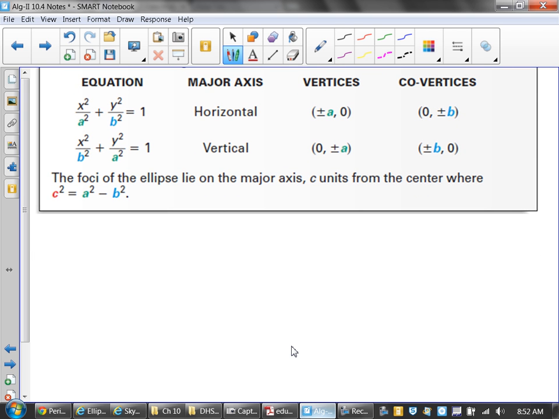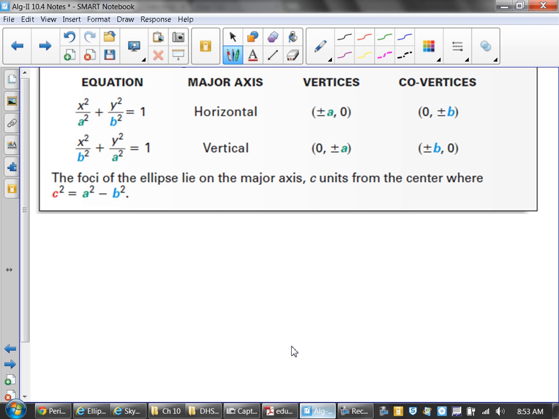The focus of the ellipse, the c value, is always found by a squared minus b squared equals c squared. And that's where your focus is going to be. Depending upon which one you're working with, if it's stretched left and right, since we're at the origin, the focus is going to be at (c, 0) and (negative c, 0).